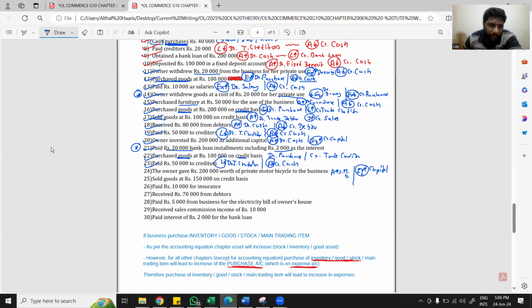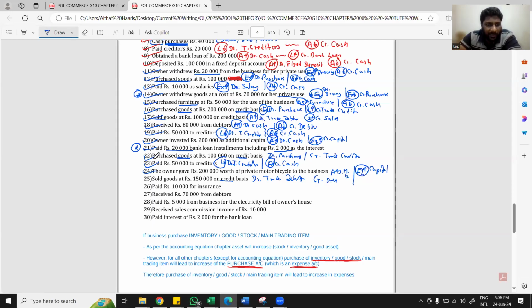Again, people, 25 is also identical to 17. Sold goods on credit basis, so debit the trade debtors, credit the sales.